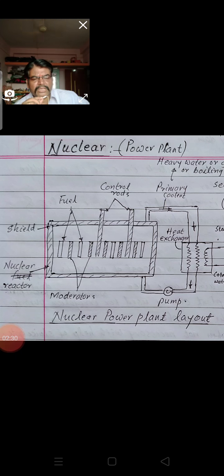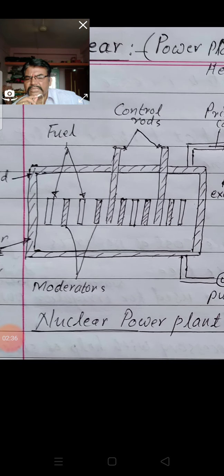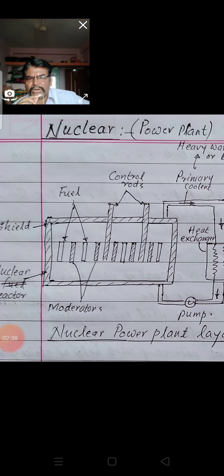Now, the next part is the moderator, which is shown inside the shield in the left part of the diagram. The neutrons produced in the chain reaction are fast moving neutrons.